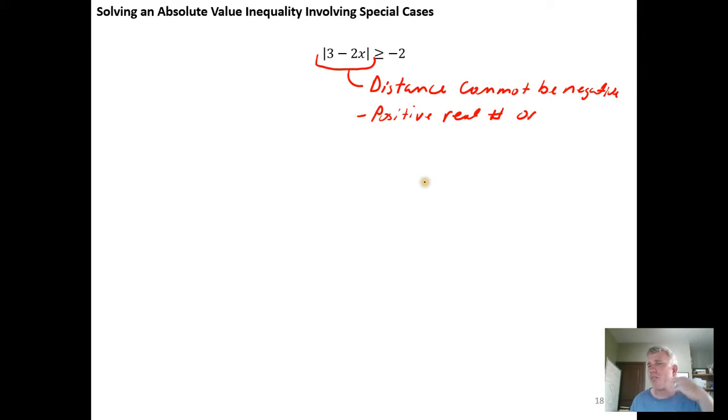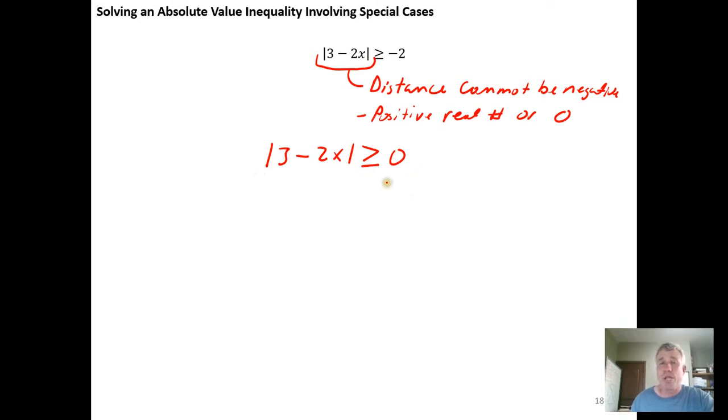If we asked how far 0 was from itself, it would be a distance of 0 units away. Either way, it is always the case that the absolute value of 3 minus 2x, because the absolute value is measuring distance, this number that pops out of here for whatever choice of x we make is always going to be greater than or equal to 0.